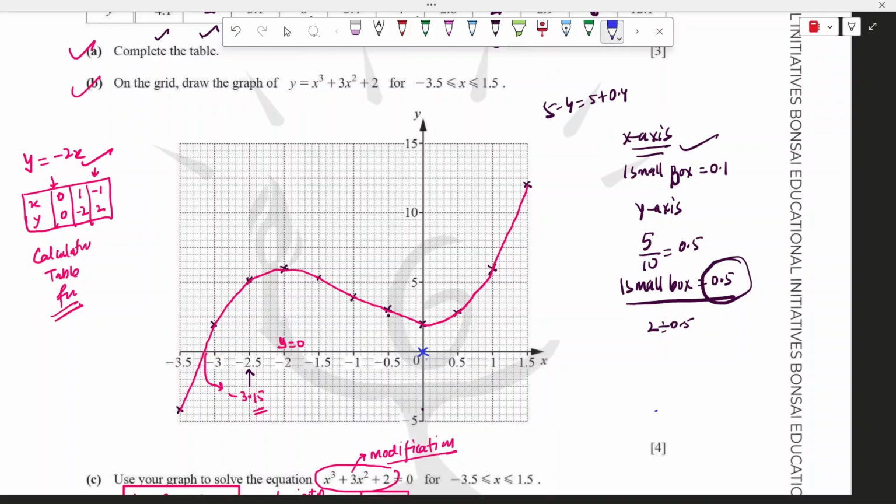Okay, sorry, my mistake. 1, 2, 3, 4 here. And the third point is minus 1 comma 2. Minus 1 comma 2, 1, 2, 3, 4. Okay, we have found 3 points. That is the benefit of finding 3 points. When you plot these 3 points, if they occur in a straight line, it means your graph is correct. So hence now I'm going to draw.